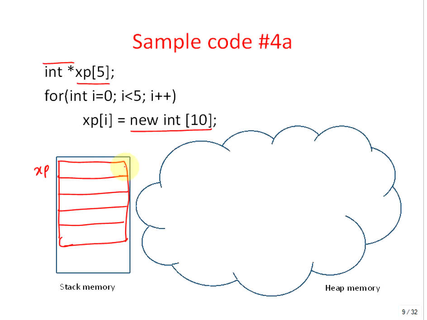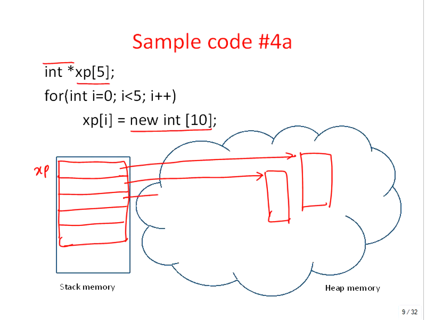So we have 5 blocks of memory allocated, each one a 10-item integer array, dynamically allocated, and we have these pointers all set up in the XP array.